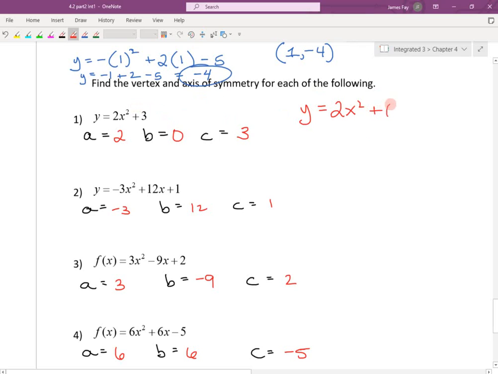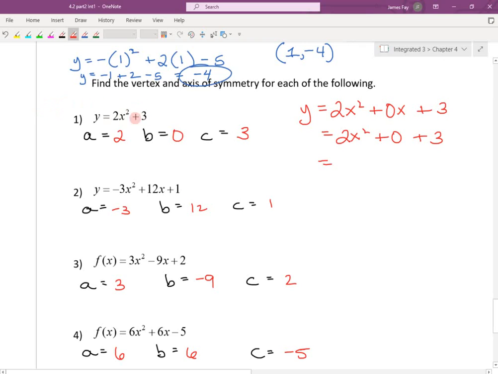So what is 0 times x? 0. No one ever writes that, nobody ever writes plus 0, you just get rid of it because we know it doesn't affect the sum. So when you're missing something, the b value in this case would be 0.